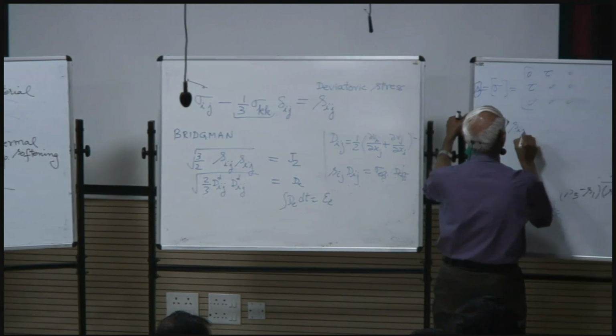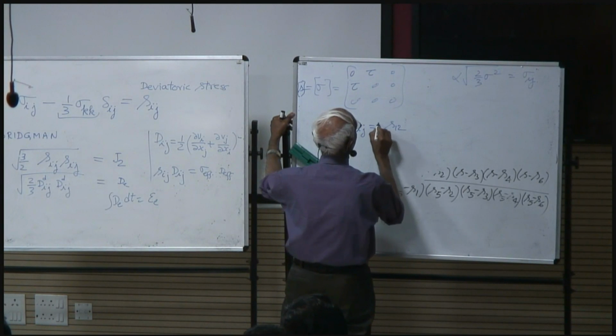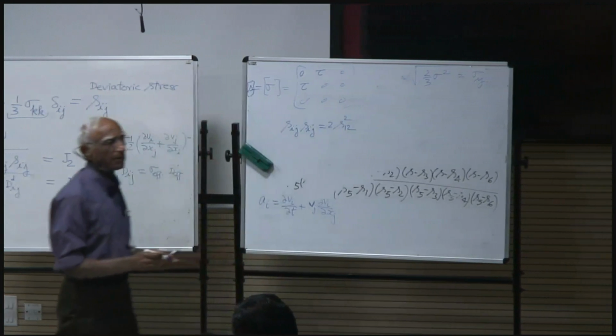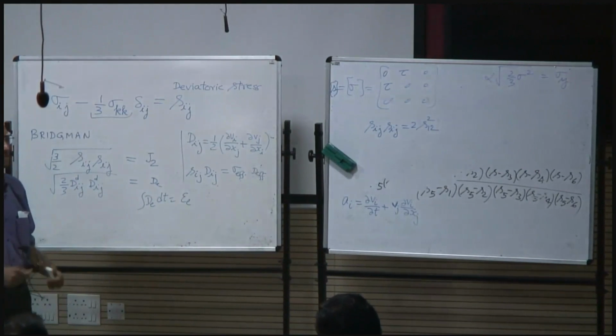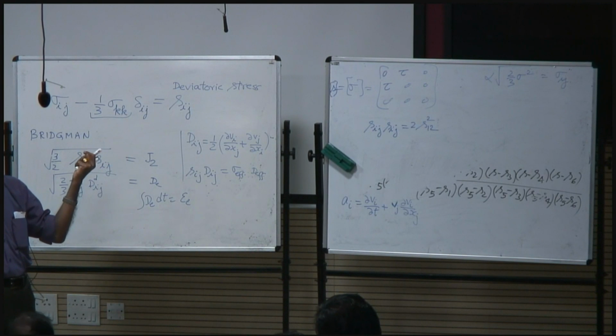So Sij should be S12, twice of S12 square. There's only S12 is the only one non-zero component.